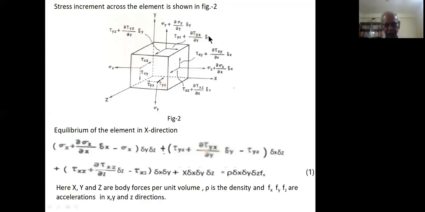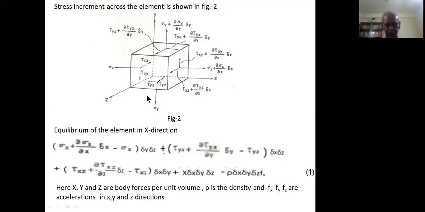In the same way, tau yz has an increment of tau yz plus del tau yz by del y into delta y. In a similar way, the stresses in the z direction have an increment, but this is not shown here to make the figure simple.